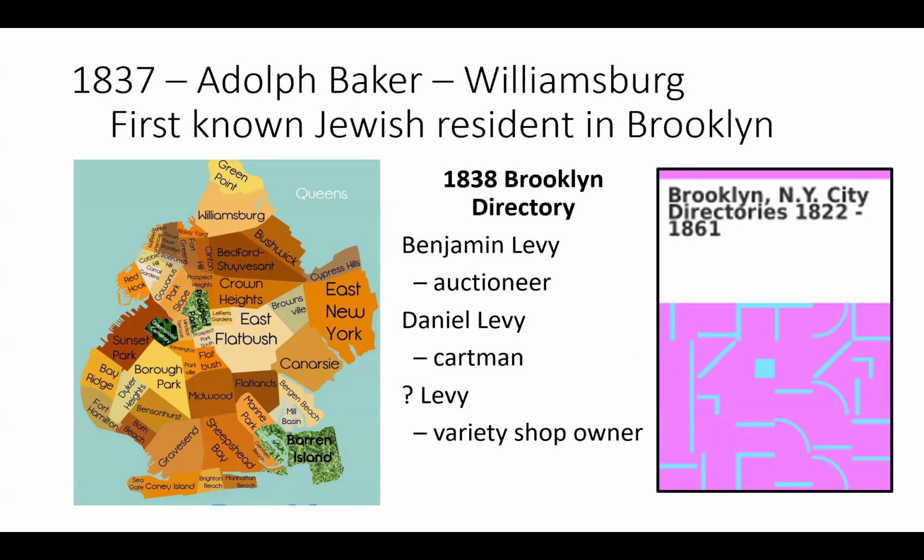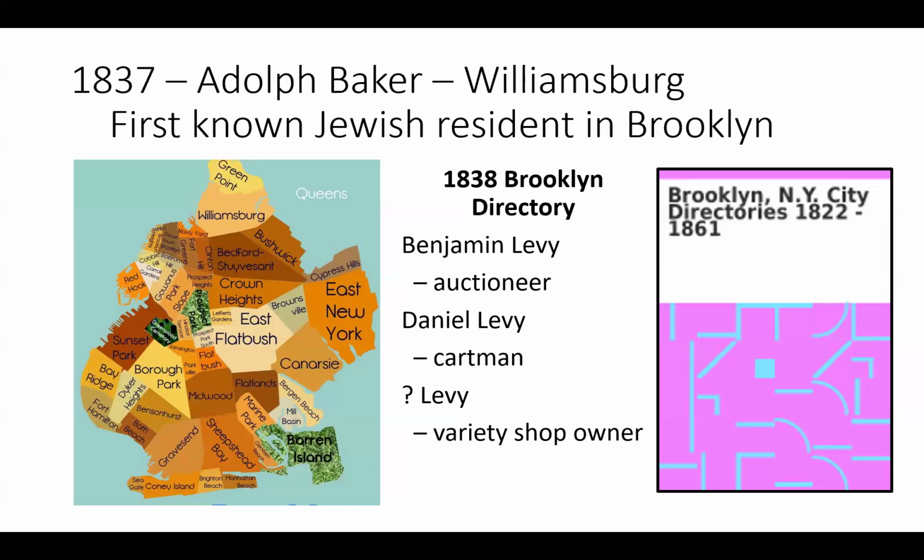The first known Jewish resident of Brooklyn following the revolution was a man named Adolph Baker, who settled in Williamsburg, a very nice area even until today in Brooklyn.